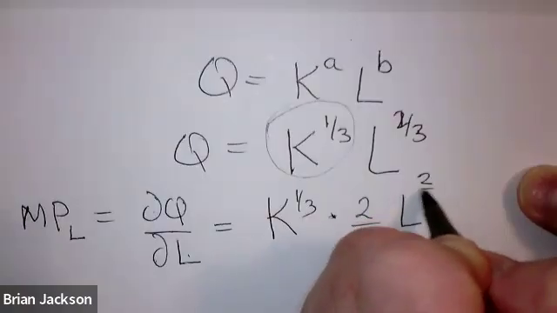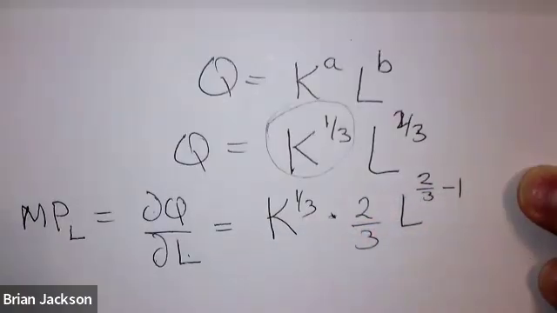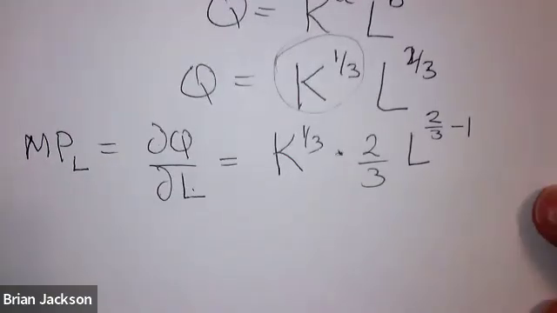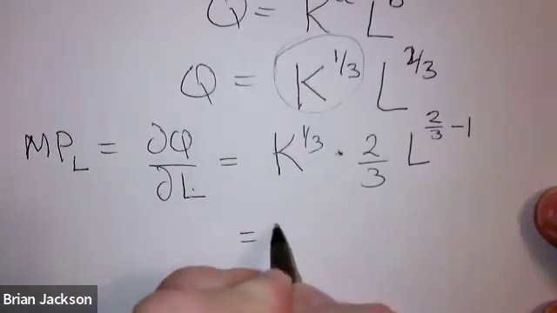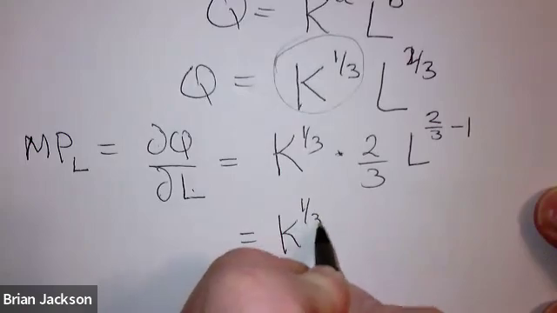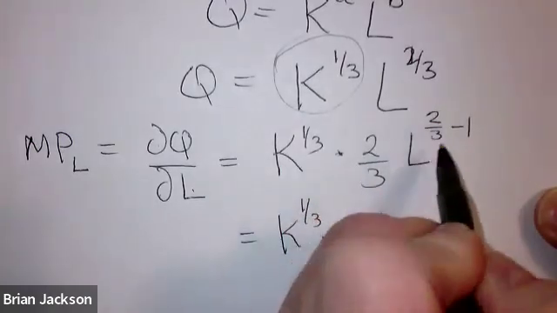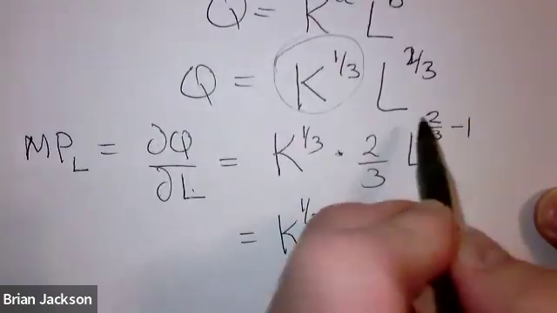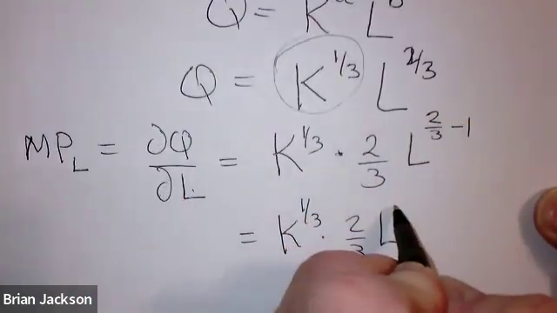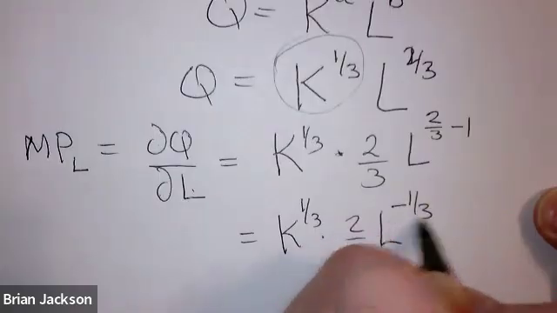If you have trouble with that math, just write it out for a minute. So this is K to the 1/3 times 2/3 L to the 2/3 minus 3/3. I hope you can work with fractions. It shouldn't be very difficult. So this is negative 1/3.